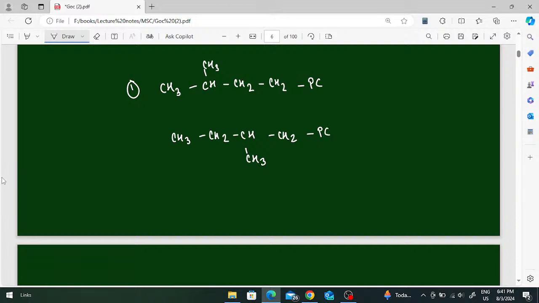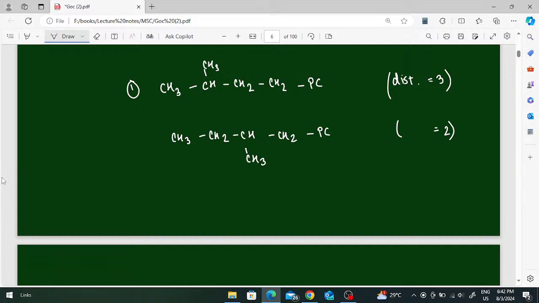As you can see now, the branches are same, but distance wise this is on number 3, and here it is on 2.